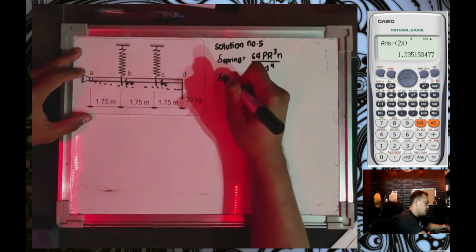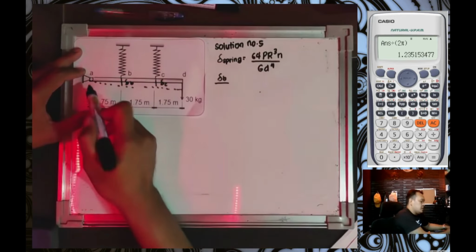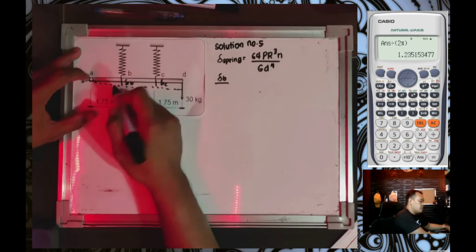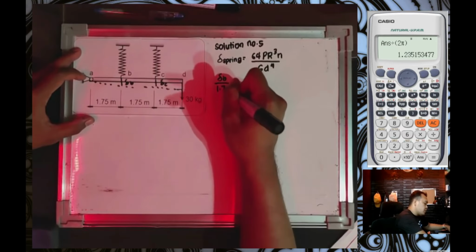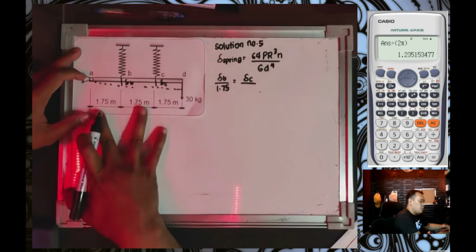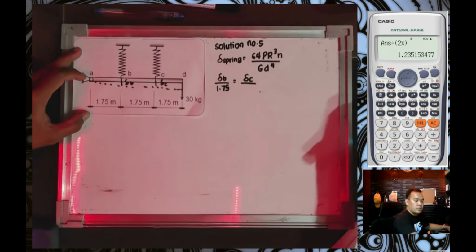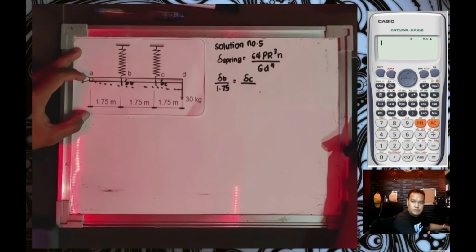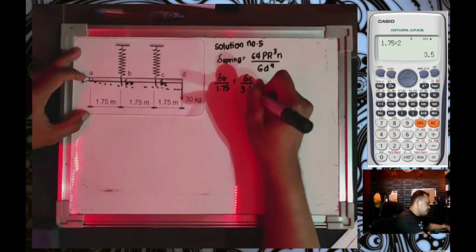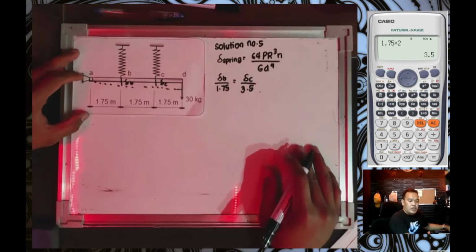Elongation for B, all over, since similar triangle tayo, the height of this, tapos yung distance which is 1.75 equals elongation kay C all over 1.75 plus 1.75. So, 1.75 plus 1.75 is equivalent kay 1.75 times 2, para sigurado tayo calculate natin. Meron tayong 3.5. Okay?